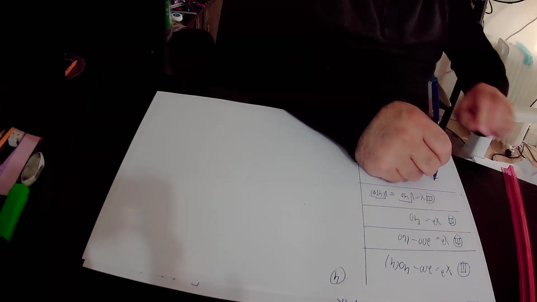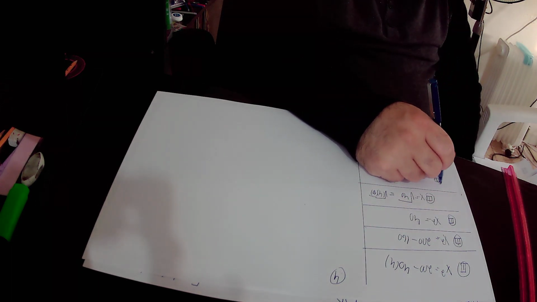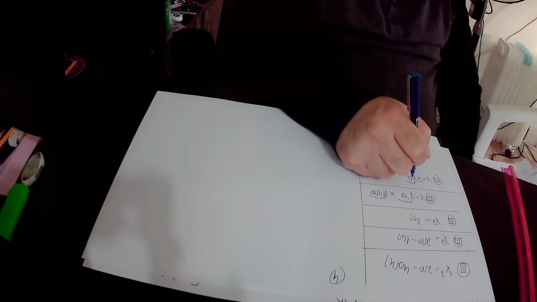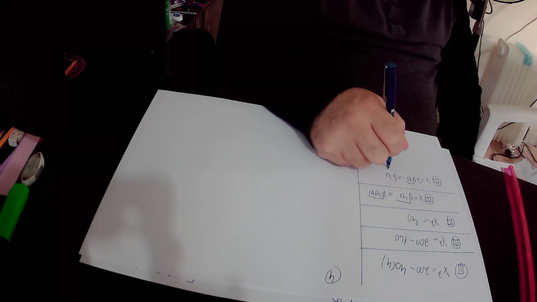So according to equation number 3, we will get that x equals 2 times the square root of 10 units, or in terms of numbers, it is equal to 6.32 units.